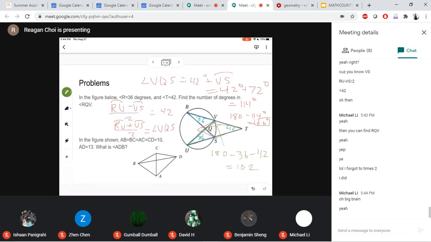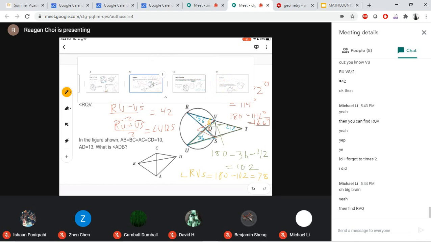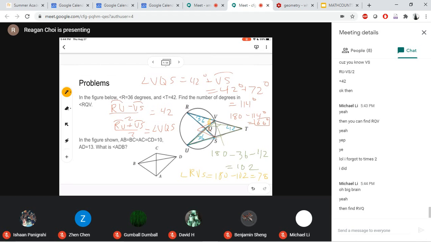And now RVQ, which is maybe a little hard to see. Let me try doing it in yellow. So RVS equals 180 minus 102 equals 78. And then you get RQV from the other angle.